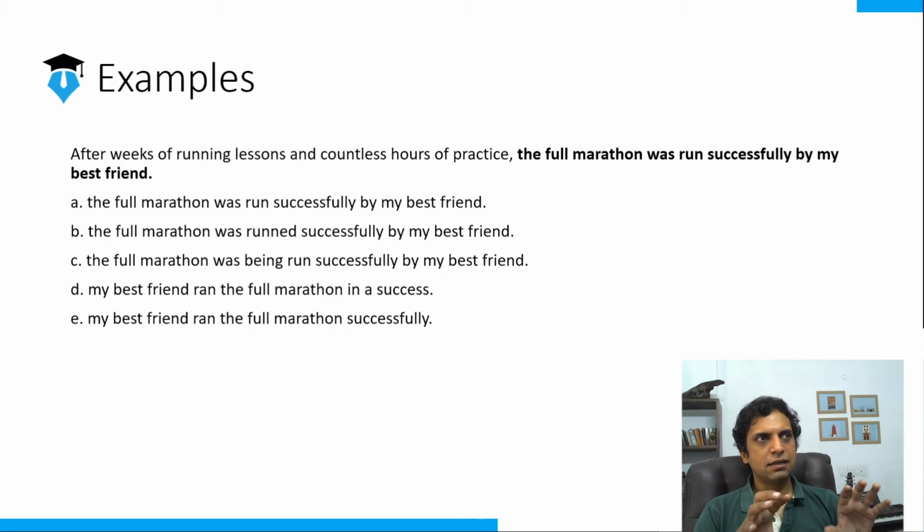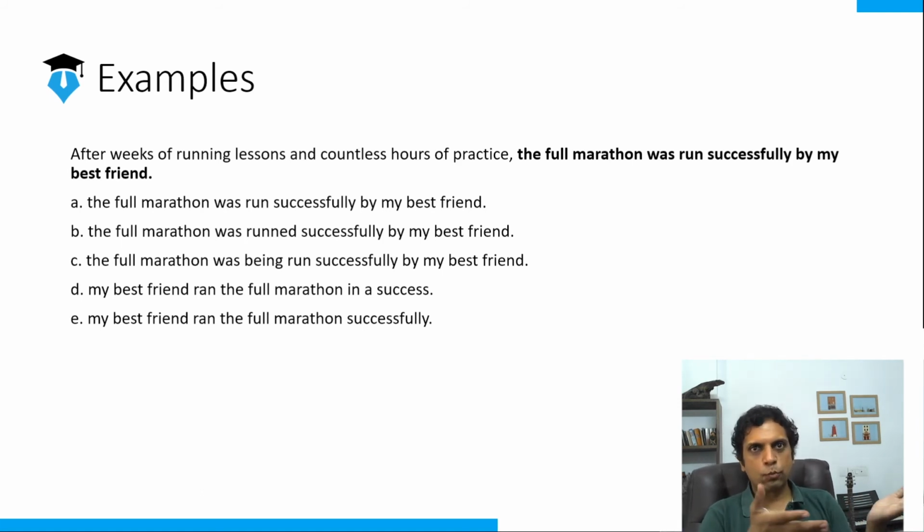So how do you actually go about solving this? First, this is in passive voice. Secondly, the bold part is what we're changing. The modifier, after weeks of running lessons and countless hours of practice, you can't change the position of that. It's not bold. What is this referring to?